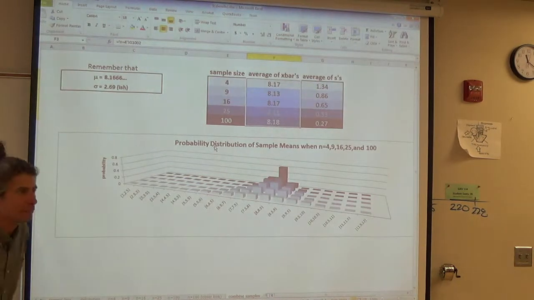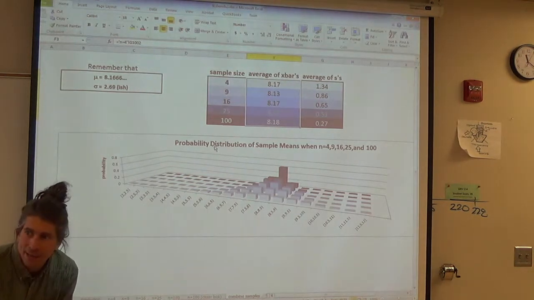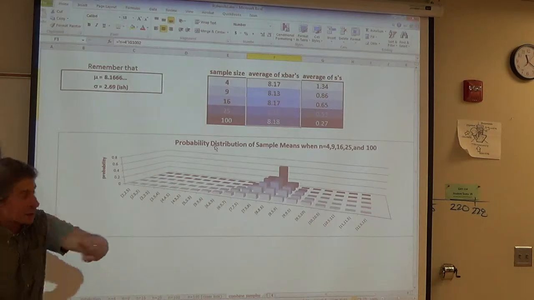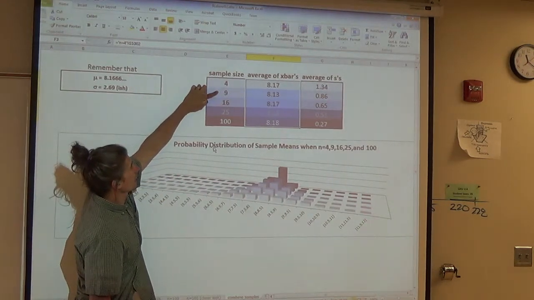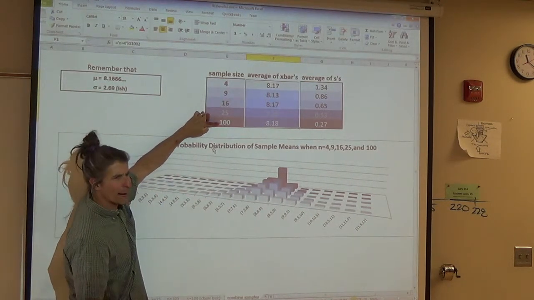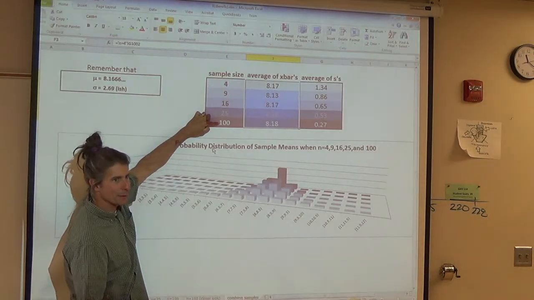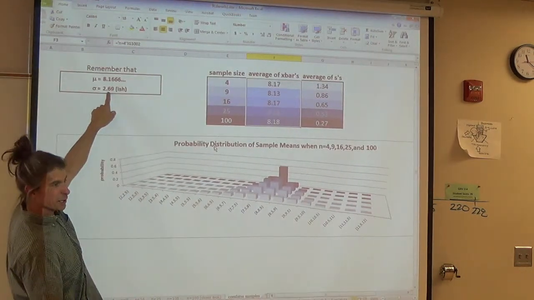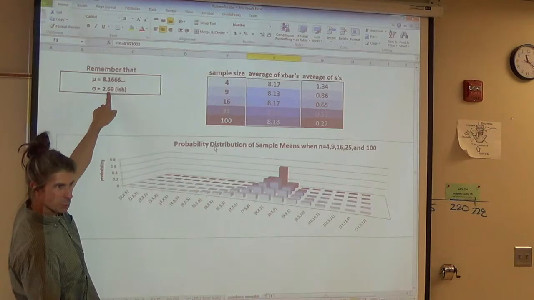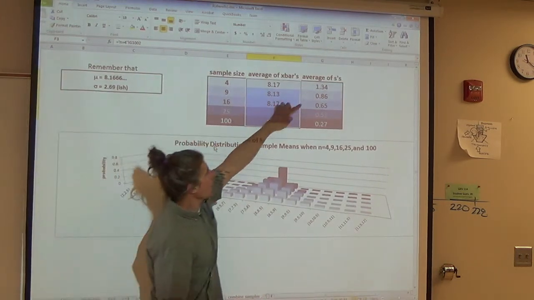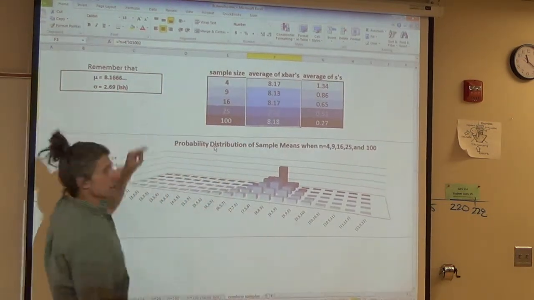Can anybody tell me predictably how much smaller it gets? In other words, look at these numbers here. You might be wondering why I chose these numbers. Just figure it out right now. Here's the population standard deviation, roughly 2.7. How are these numbers compared to 2.7?